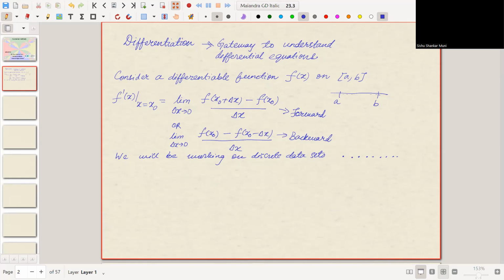This is completely different from the continuous domain, like the continuous definitions. Therefore, we need to learn these methods, and we are revisiting differentiation again, but in a different way. These are known as grid points.